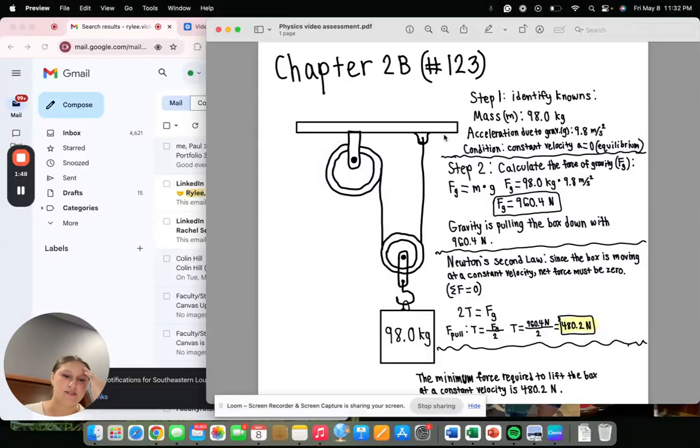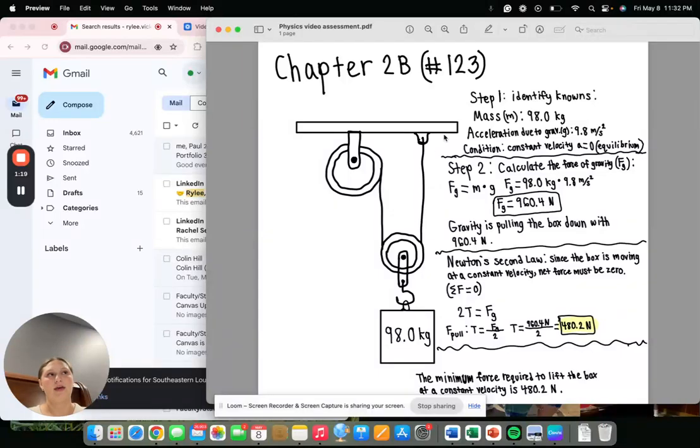And to find the tension, the equation is 2T equals the force of gravity. So we're finding the F pull. It's T equals the force of gravity divided by 2.